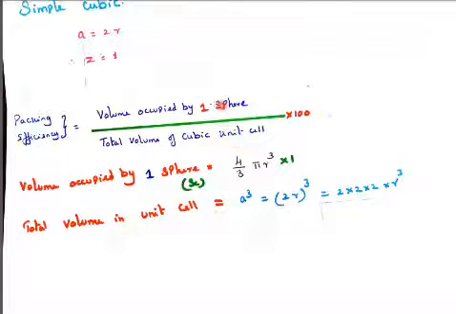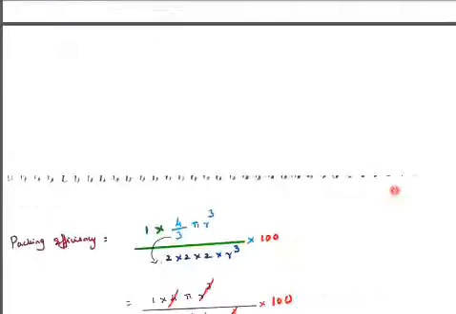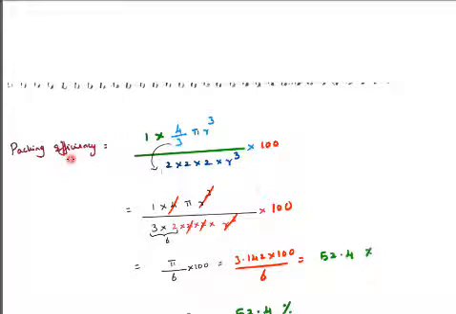Here one sphere is 4 by 3 pi r cubed into 1, divided by 2 into 2 into 2 into r cubed. For percentage, multiply by 100.